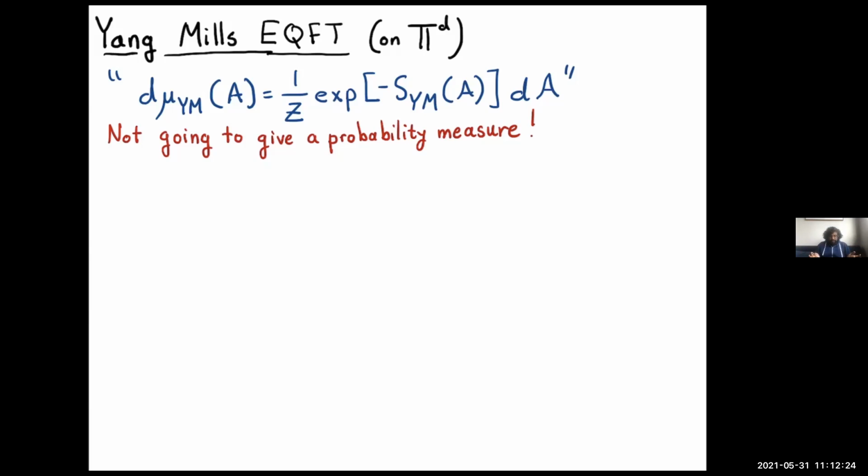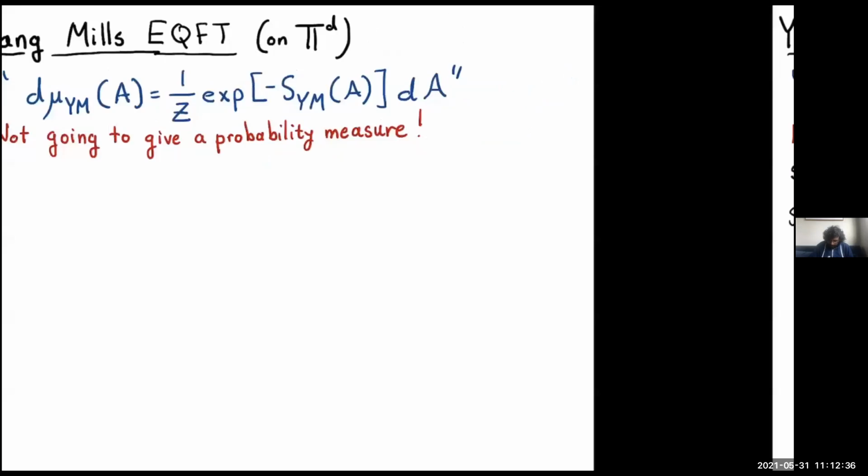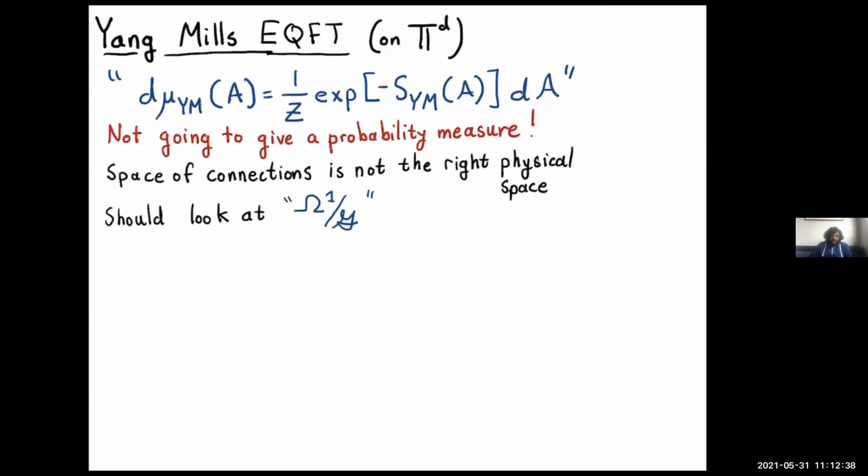So you don't expect such a thing to give you a probability measure, just because it has too many invariances. In some sense, the space of connections is not the right physical space. So what you'd actually want to do is look at some sort of quotient space.